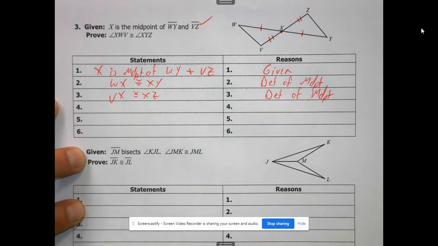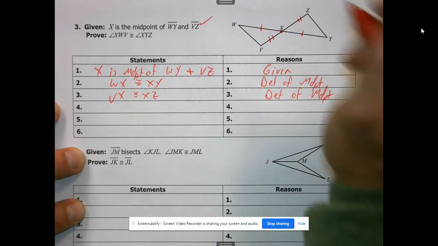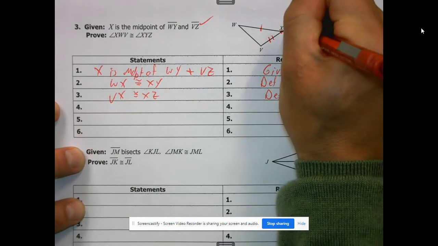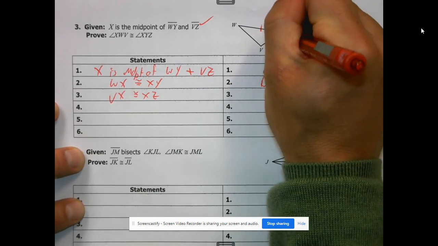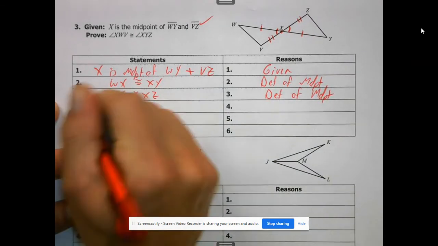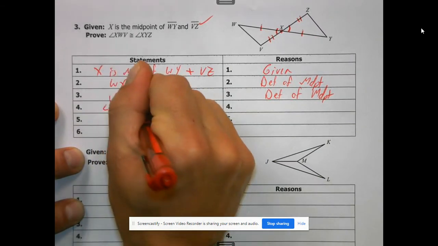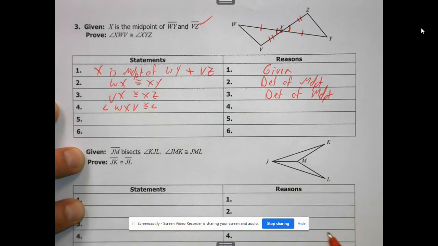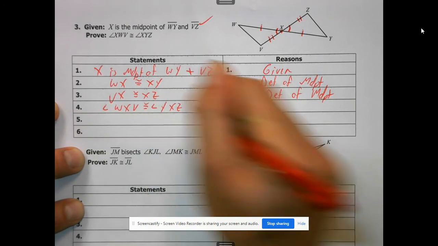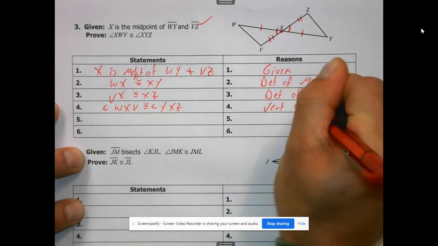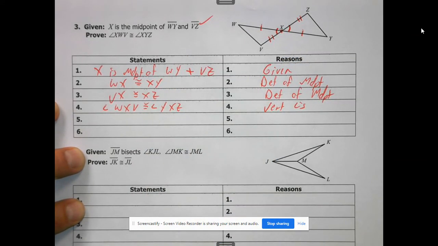Freebies are gone. What else can you mark congruent? I notice that I can mark the vertical angles congruent. So I'll say that. I'll go angle WXV is congruent to YXZ, and those are vertical angles. I have enough info to say the two triangles are congruent, so I'm going to do that for statement 5.